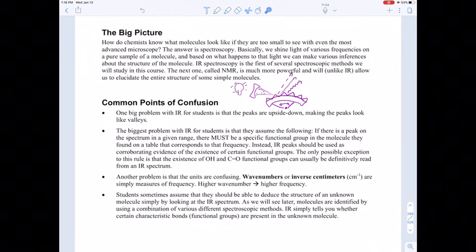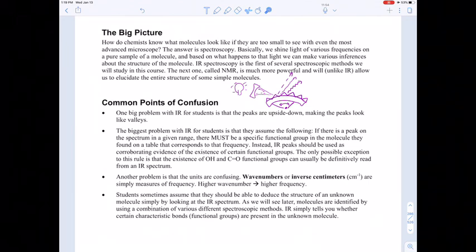Instead, IR peaks should be used as corroborating evidence of the existence of certain functional groups. The only possible exception to this rule is the existence of the OH, and the carbonyl functional groups can usually be definitively read from an IR spectrum.